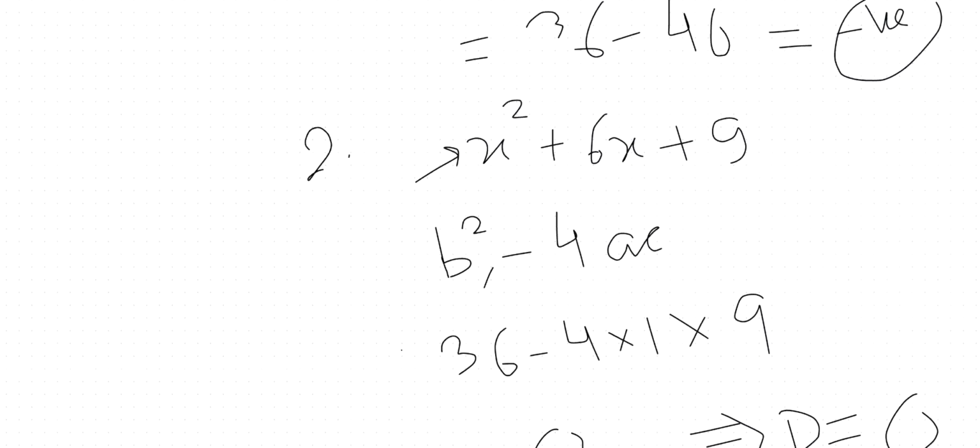For an equation where you have x plus 3 whole square equal to 0, x must be equal to minus 3, and that is a root. That root, x equals minus 3, will be repeating in nature because it is x plus 3 whole square. So that's the wonderful idea.